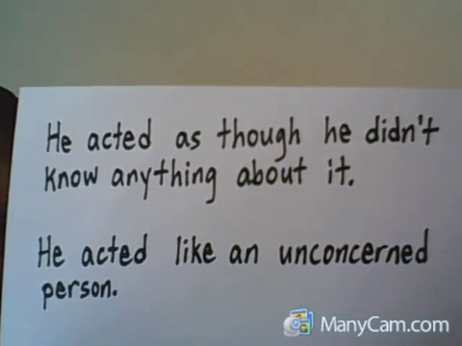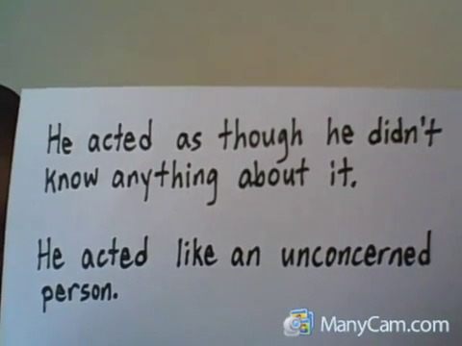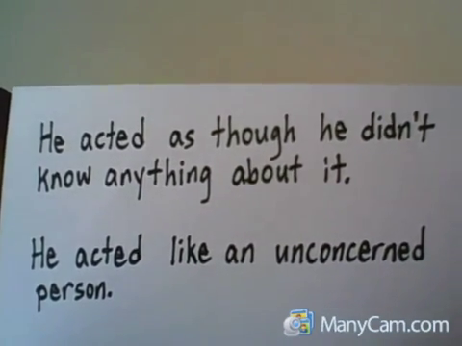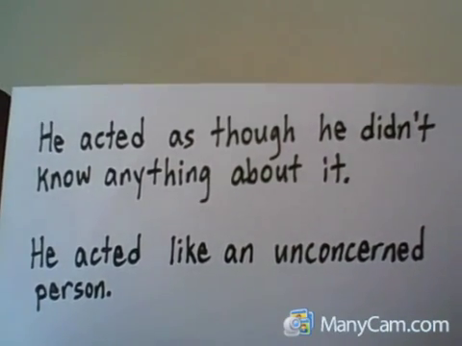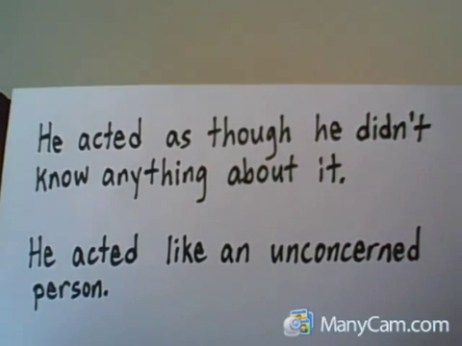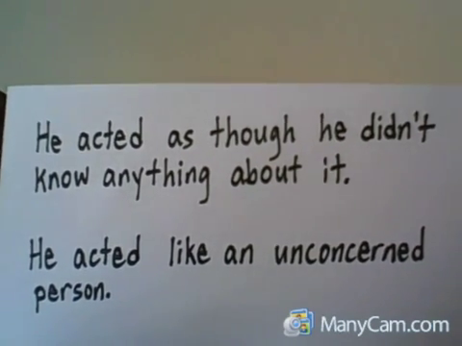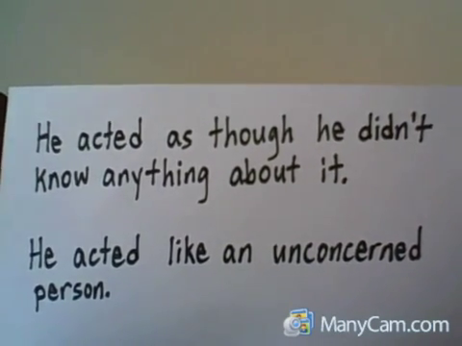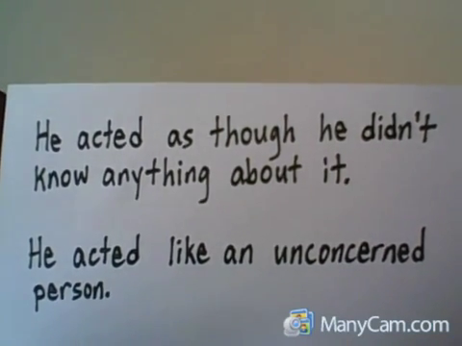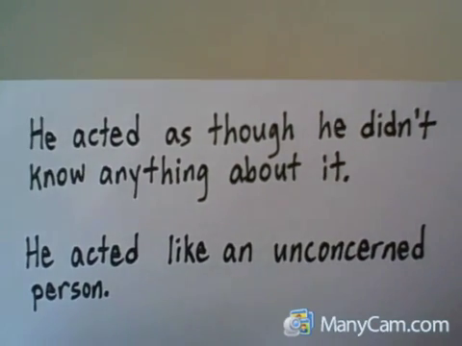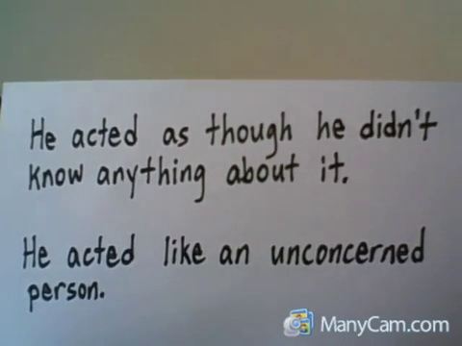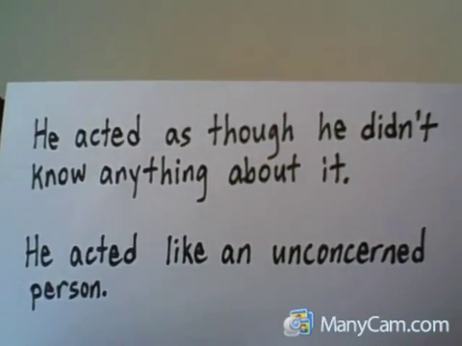In terms of grammar, notice that the words following "like," an unconcerned person, you have a noun. You can have a few adjectives in there describing the noun, but really "like" has to come before a noun in this type of use.